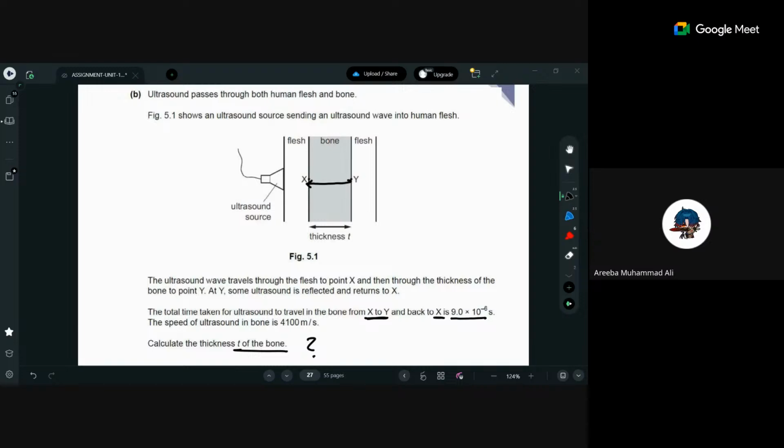Sir, what equations can be used in this? I think we're using speed equals distance over time, because the thickness would be the distance, right? Yeah. Okay, thank you.